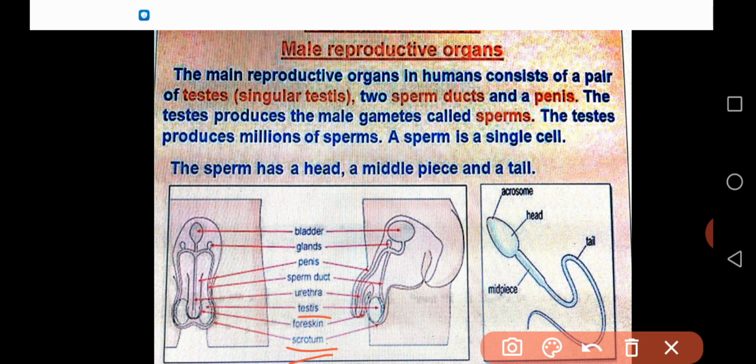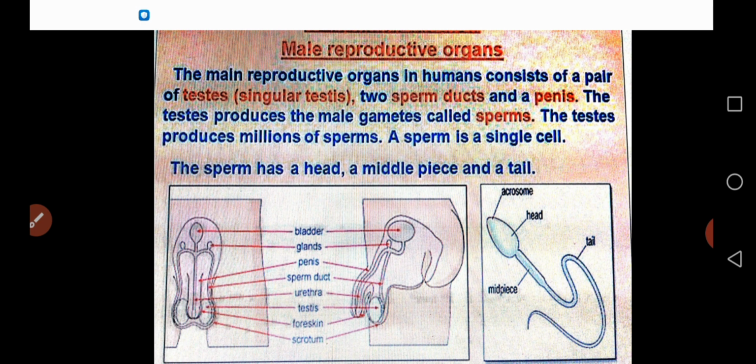The testis is a male gonad. The testis is involved in releasing the male gamete, that is, sperm. The male gamete, sperm, is released from the male gonad, the testes.